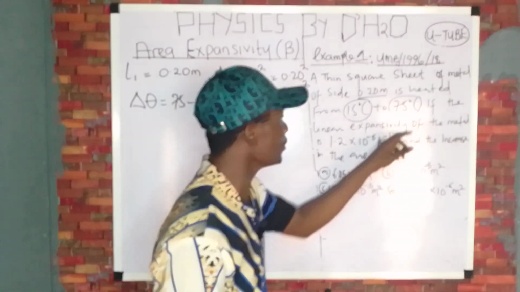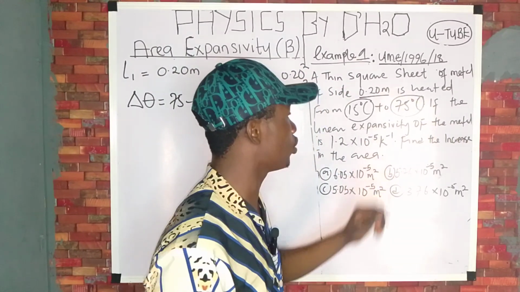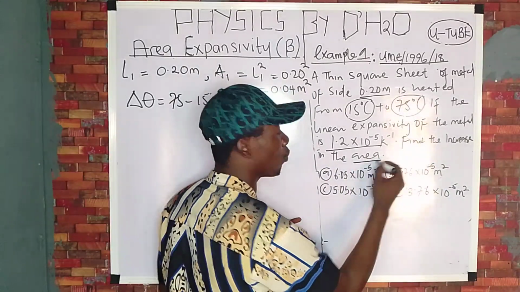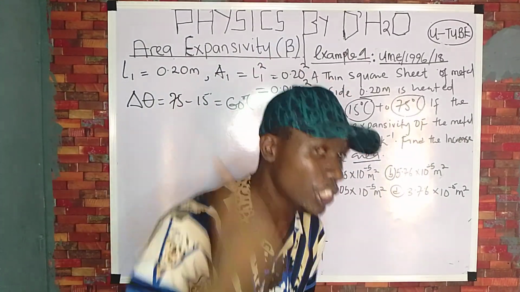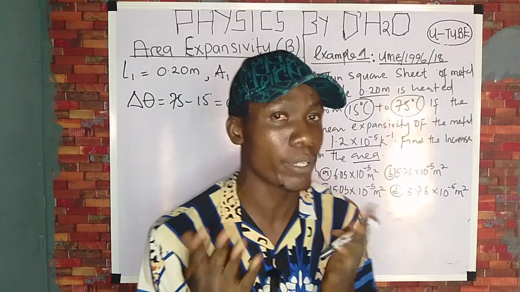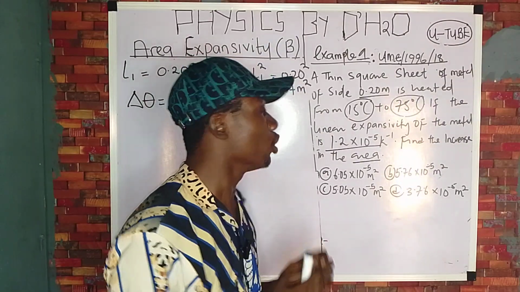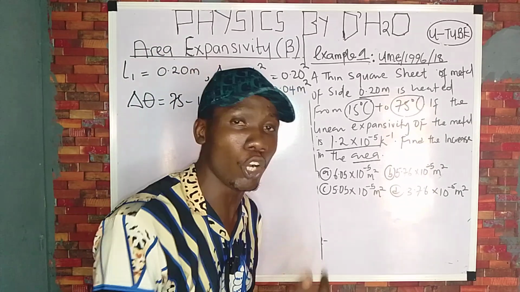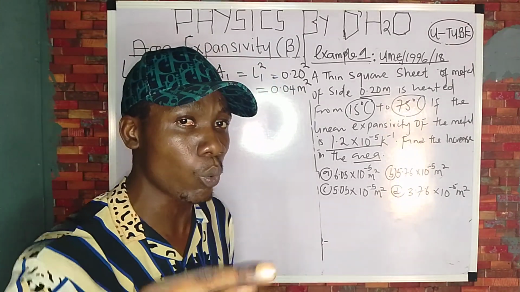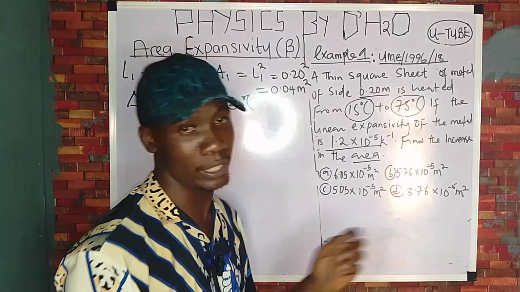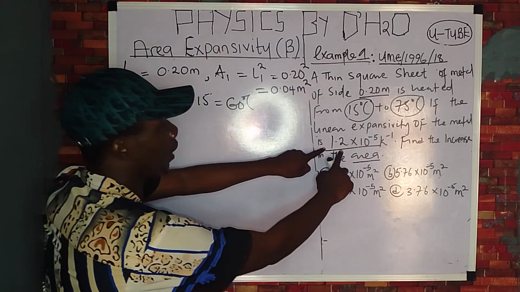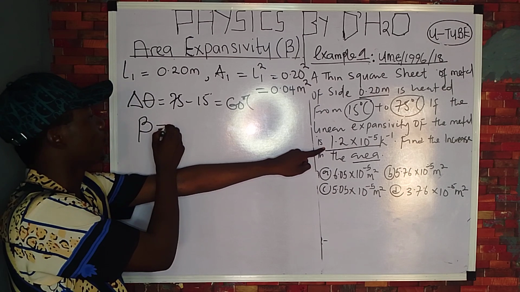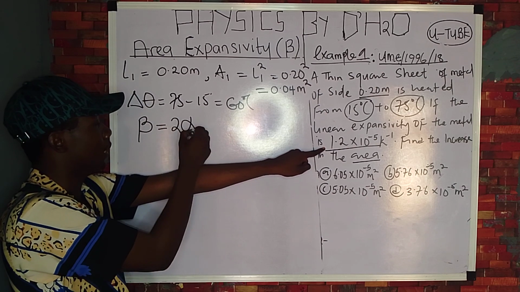Now, if the linear expansivity of the metal is this, find the increase in area. We are looking for the change in the area, which is also called the increase in area. Like I told you, your area or superficial expansivity is 2 times your linear expansivity. The question is based on area, not linear. So we are going to get our area expansivity by doing 2 times linear.